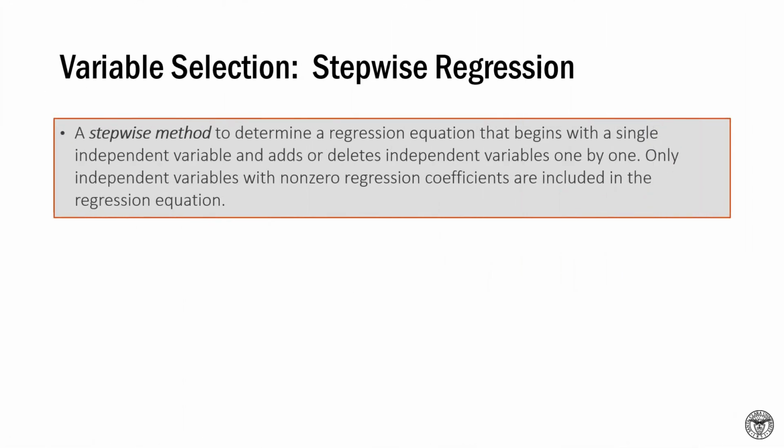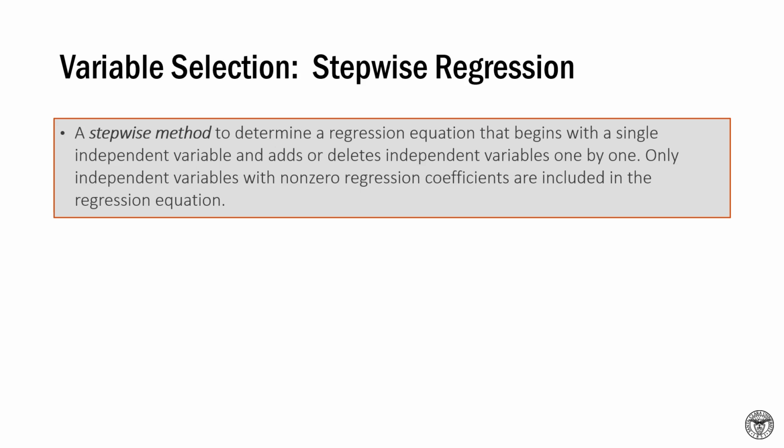Stepwise regression is a variable selection method that involves adding or removing variables from a regression model one at a time, based on their statistical significance or contribution to the model's predictive power.